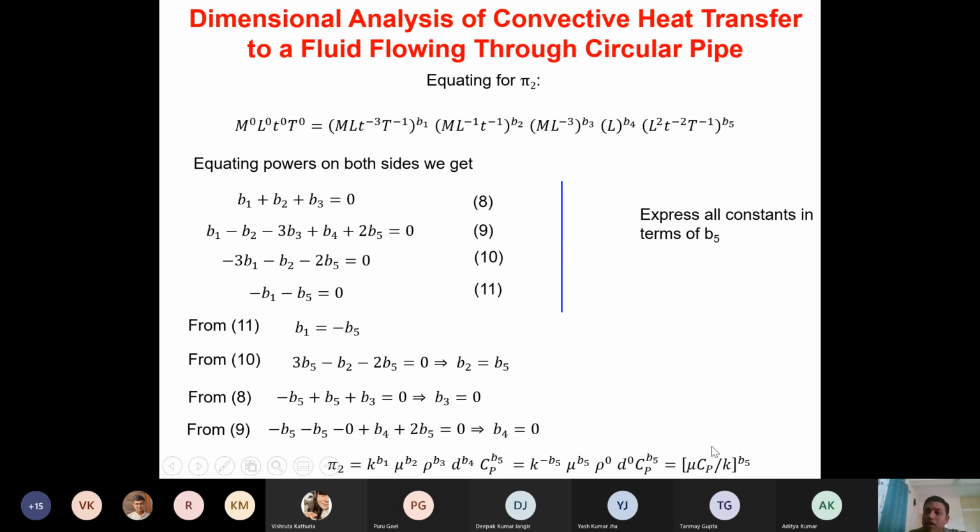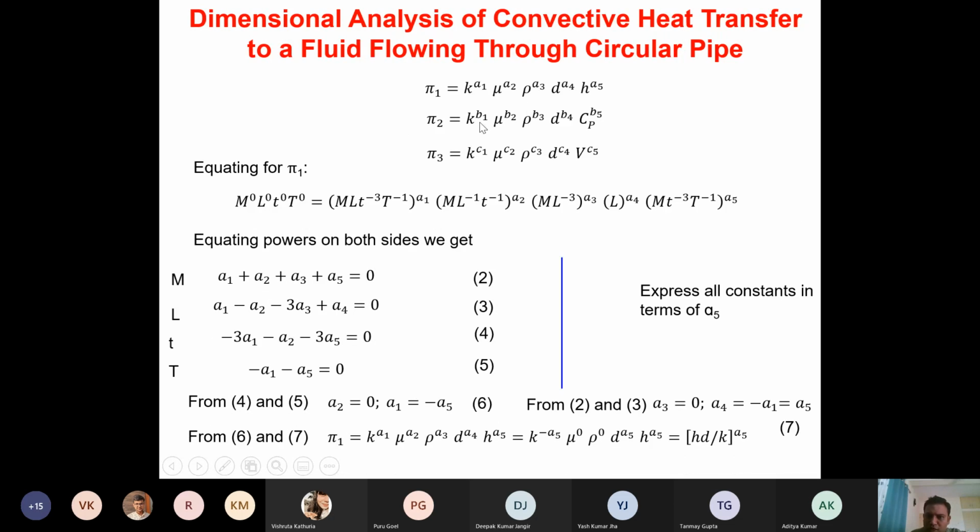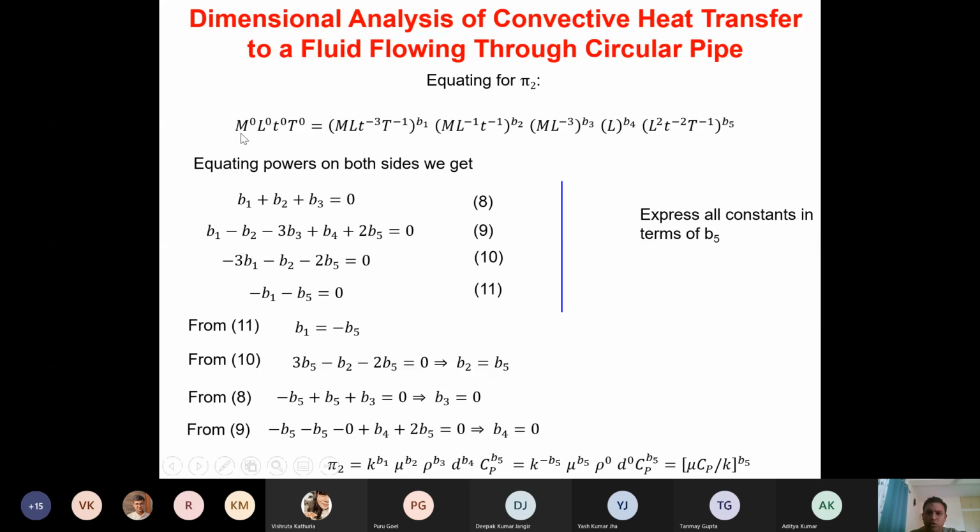Similarly, in the second part, if we equate the dimensions of the second equation pi 2, putting the dimensions corresponding to the variables of pi 2 and equating, since pi is a constant it will have all the exponents 0. If we equate everything, what we get is Cp mu by k. That is nothing but the Prandtl number. So pi 2 comes out to be the Prandtl number.